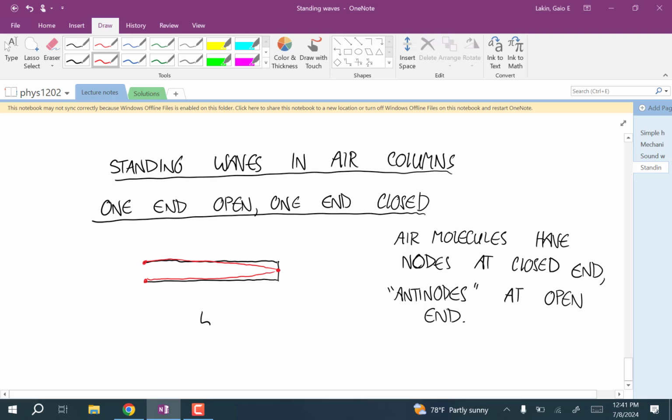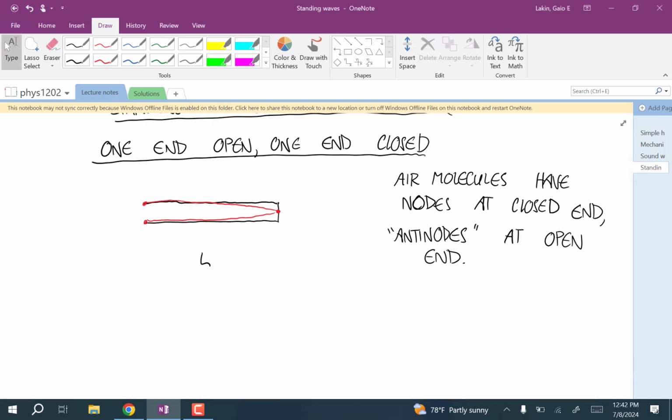For these, it's going to be helpful to think of a cosine wave instead of a sine wave. So think of this red curve that starts at the top. How much of a cosine wave have we gone through? In the length L, we've only gone through 1/4 of a cosine wave. And that means that the wavelength is equal to 4 times the length of this column.